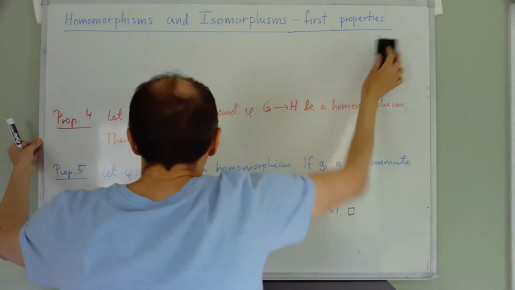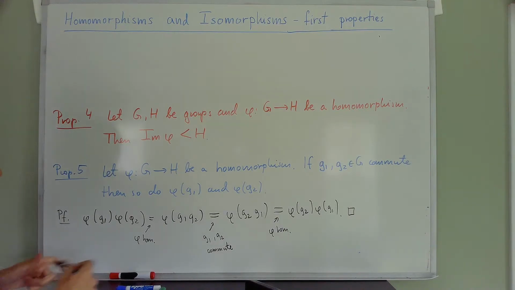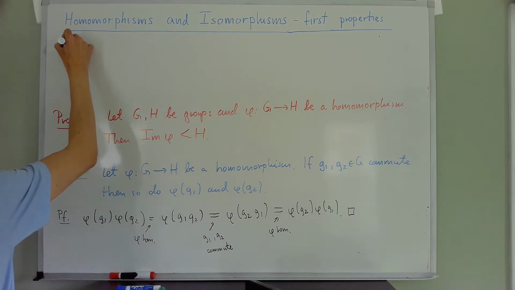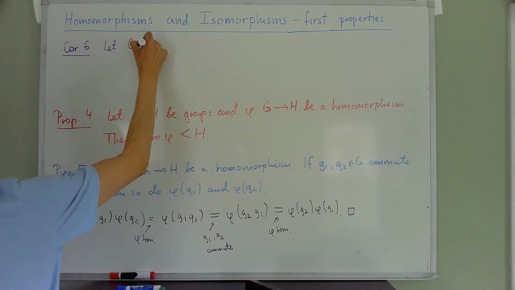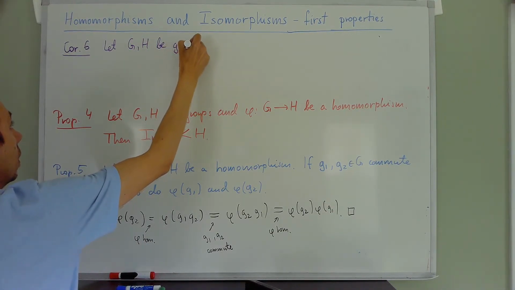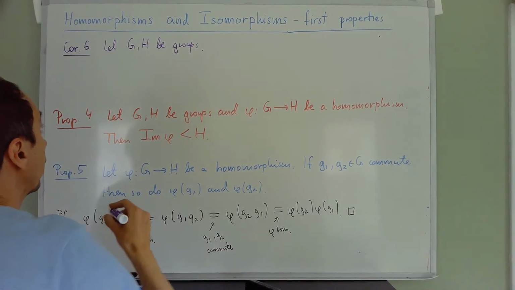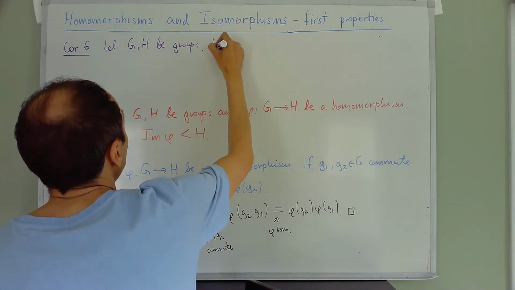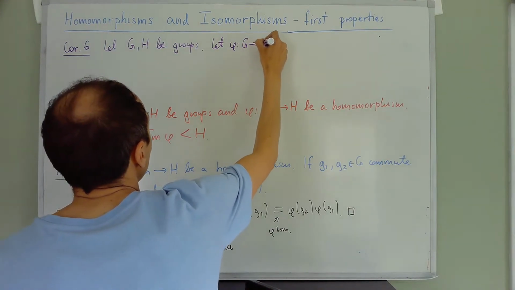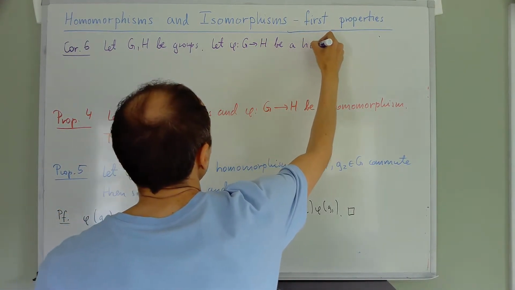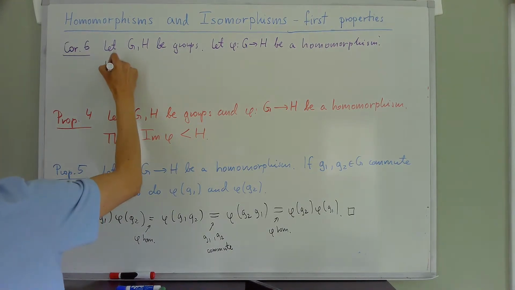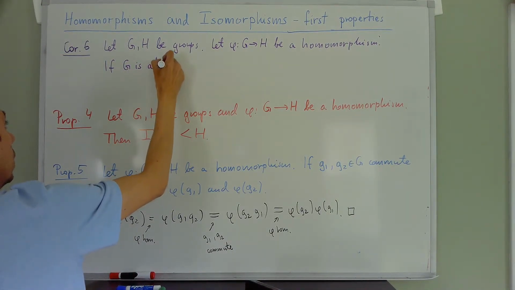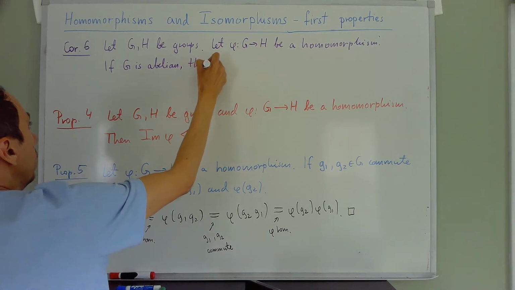Okay, so we get a corollary to this very easy proposition that says the following. Corollary 6. Let G, H be groups. Let phi from G to H be a homomorphism. If G is abelian, then the image of phi is abelian.